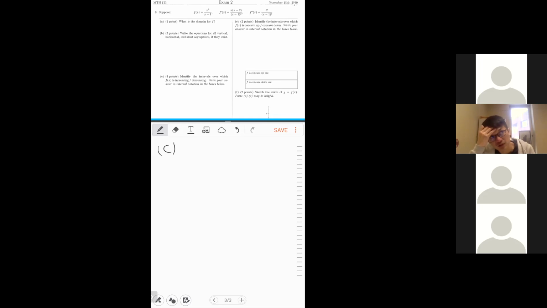How do I find increasing, decreasing, local max, and local min? Look at the first derivative.